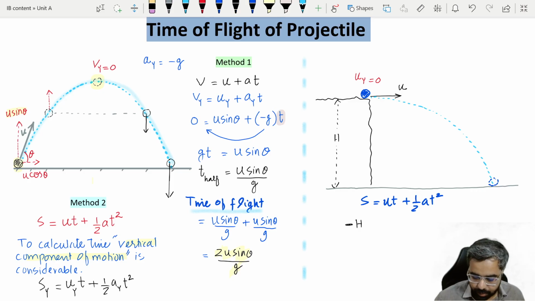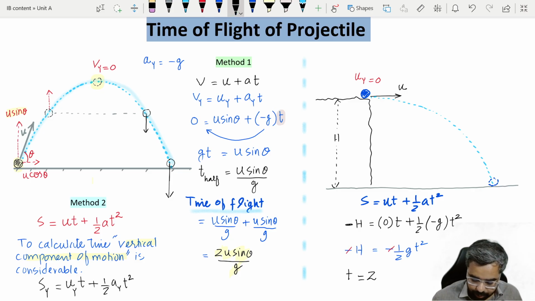So negative h equals the initial component of velocity, which is 0, times the time t, plus 1 over 2 into negative g into t square. Now in the next step we can cancel out the negative sign. So the time the ball has taken is the square root of 2h over g.